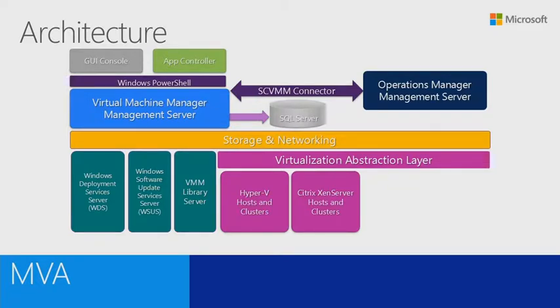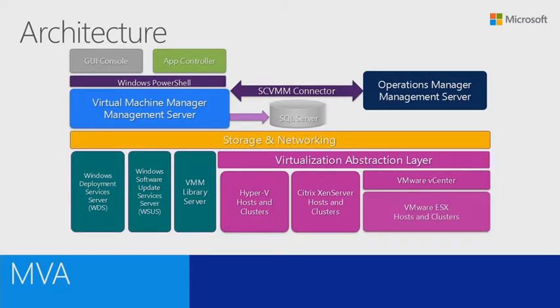We, of course, have our Hyper-V clusters, our Xen clusters, and our VMware servers and VMware clusters. Now, one thing you'll notice here is this layer of VMware vCenter. This is very important. If you're managing VMware, we still have a dependency to have vCenter in the environment. The reason for this is that the ESX hosts don't have a programmatic interface which VMM can directly communicate with.